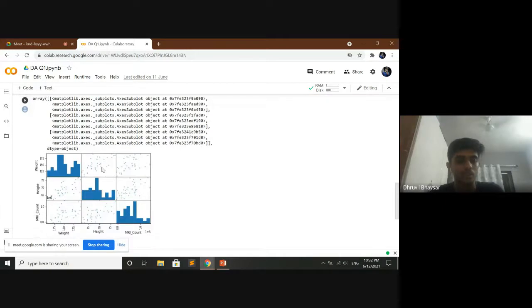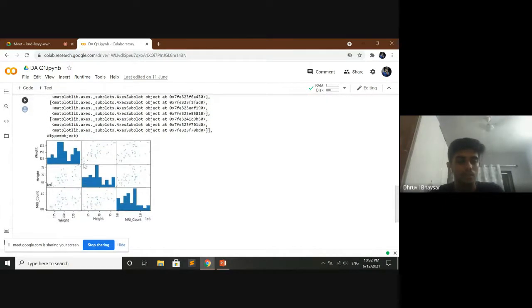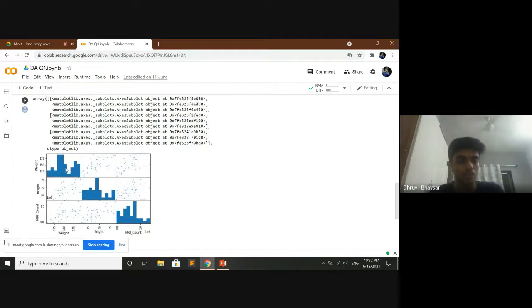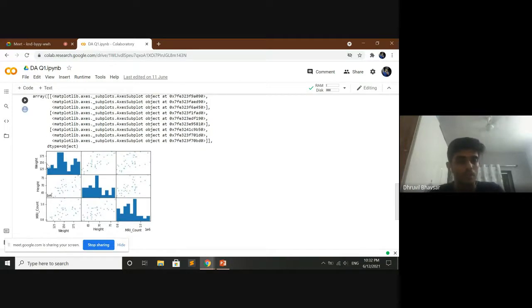By simply running the file, we get this output. Here we can observe that in the first column of this matrix, a scatter graph is given for weight, and similarly in the center we have the scatter plot graph of height, and in the last we have obtained the MRI count.